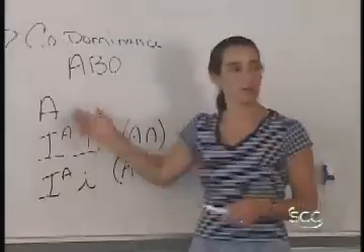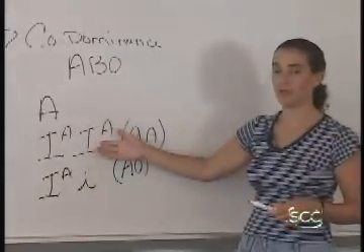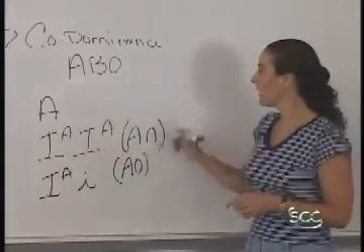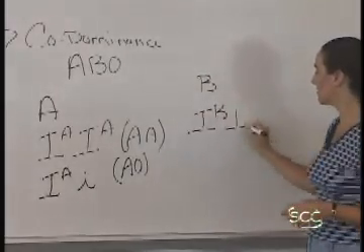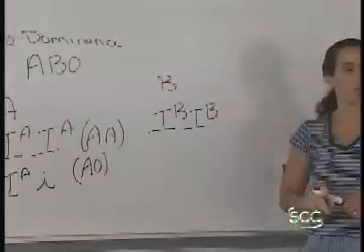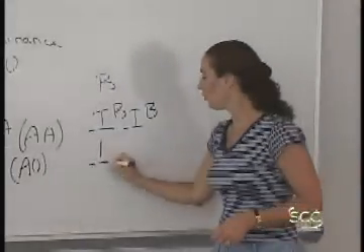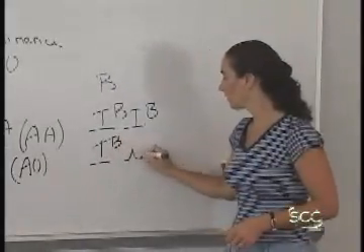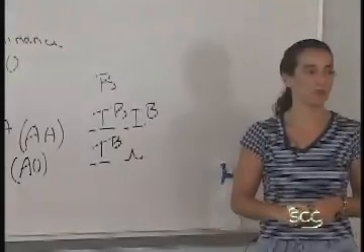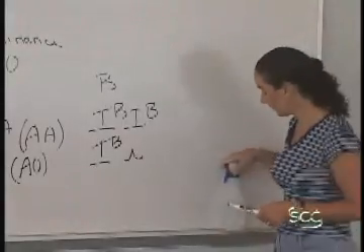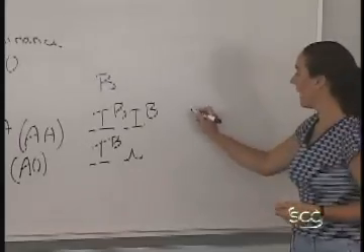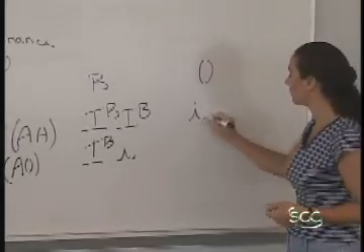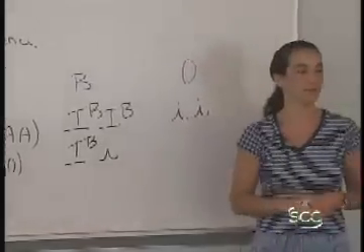So Jenna could be heterozygous or homozygous dominant. If you have type B blood, it's the same thing. You could be homozygous dominant, or you can be heterozygous. If you have type O blood, you are actually recessive for both alleles.